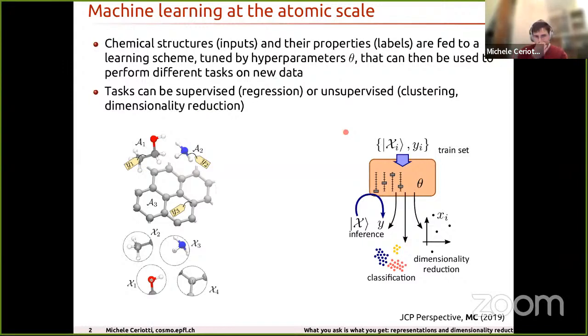So I don't think there is probably a need anymore to introduce machine learning, not just in this conference, because all of you probably have heard too much of it over the past couple of years. But, in general terms, I want to reiterate that the basic problem that we are facing is that of taking atomic structures and processing them in some form.